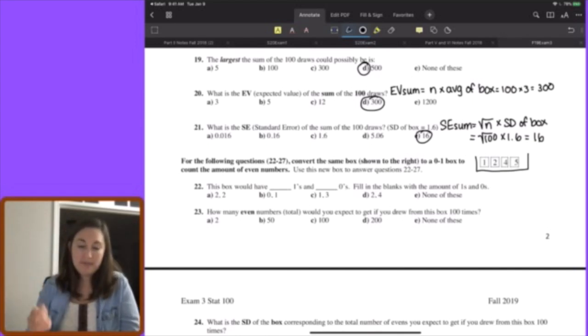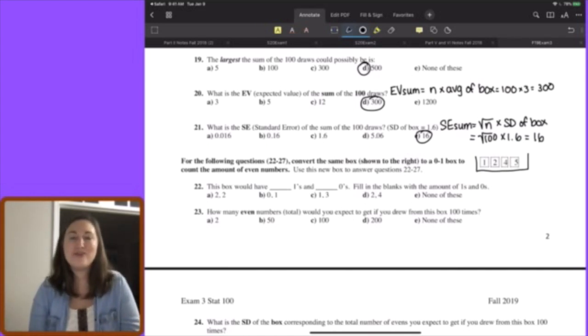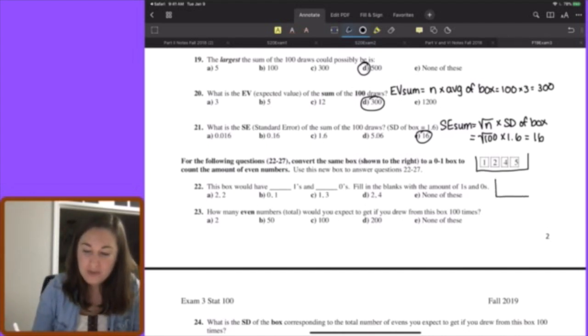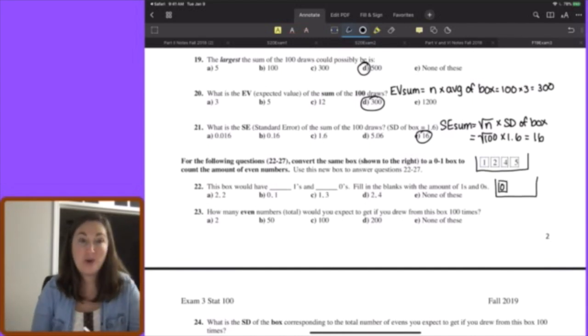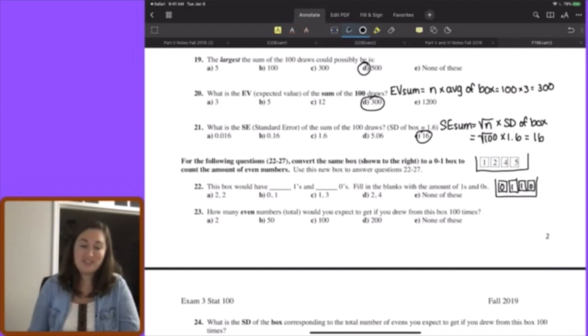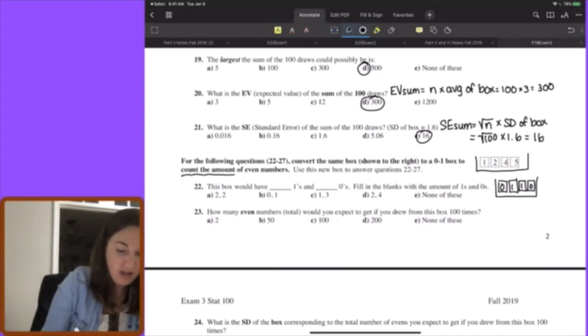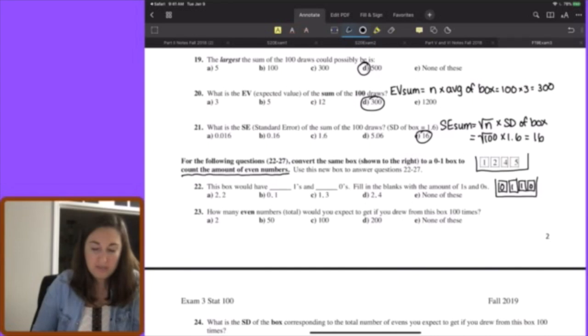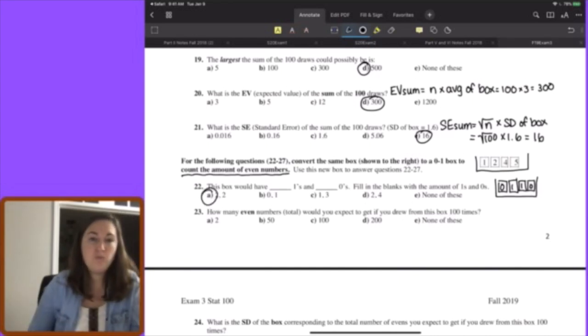So I'm going to switch this to a 0, 1 box, because now I don't care if I got a 1, a 2, a 4 or a 5, I just care whether I got an even or not. 1 is not an even number, so I count it as 0 evens. 2 is, so I count it as 1. 4 is, so I count it as 1. And 5 is not an even number, so I count it as 0 evens. I'm counting all of the even numbers. It looks like the box would have 2 zeros and 2 ones.